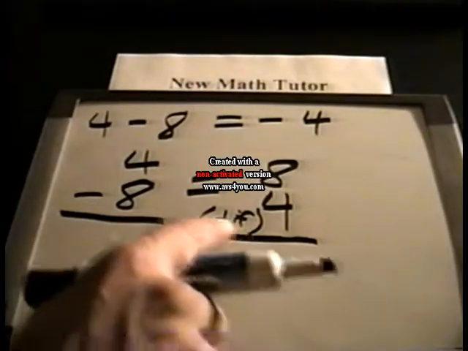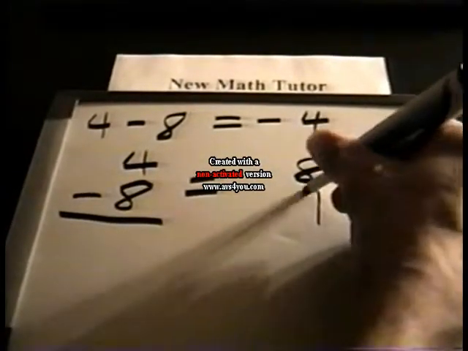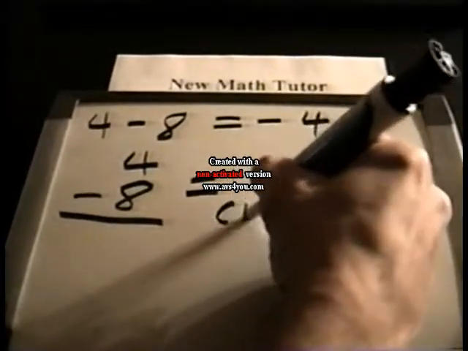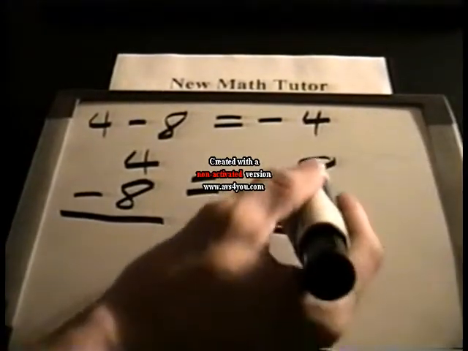Attach the minus sign down here. We know the result is going to be negative because the negative number has the largest absolute value.